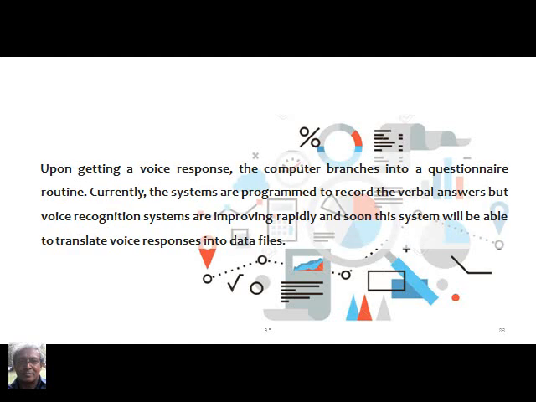Upon getting a voice response, the computer branches into a questionnaire routine. Currently, the systems are programmed to record the verbal answers, but voice recognition systems are improving rapidly and soon this system will be able to translate voice responses into data files.